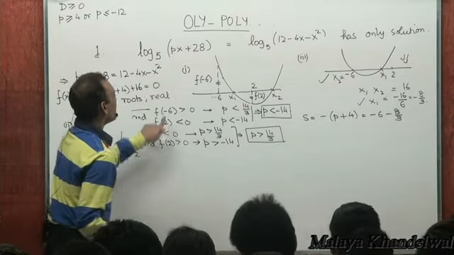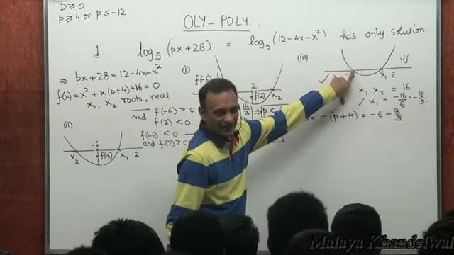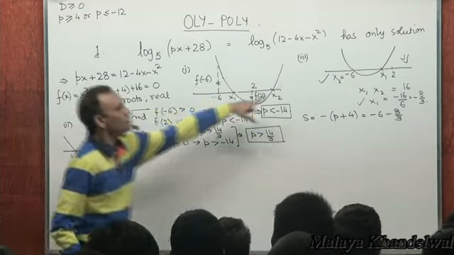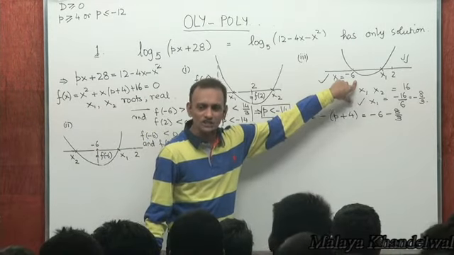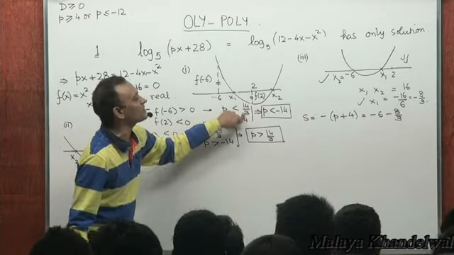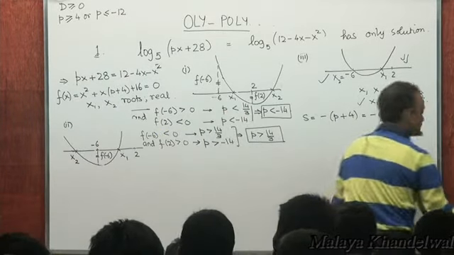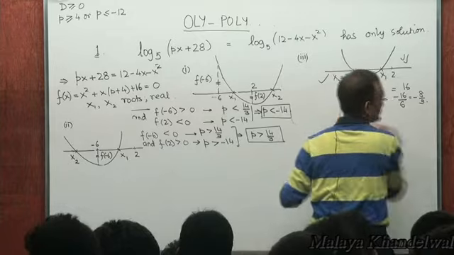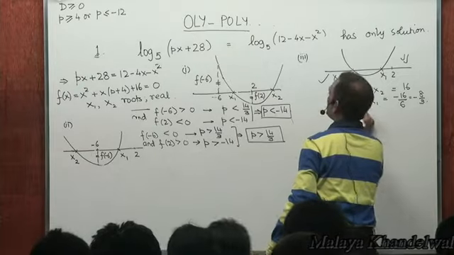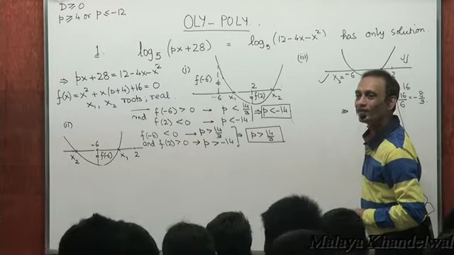This is as if f of minus 6 is equal to 0. I don't have to do this actually. This case is as if f of minus 6 is 0, and f of minus 6 will be equal to 0 when p is equal to 14 by 3. I don't want to do this unnecessarily. We'll save the trouble, because I've already done that. So that will give me p equal to 14 by 3.